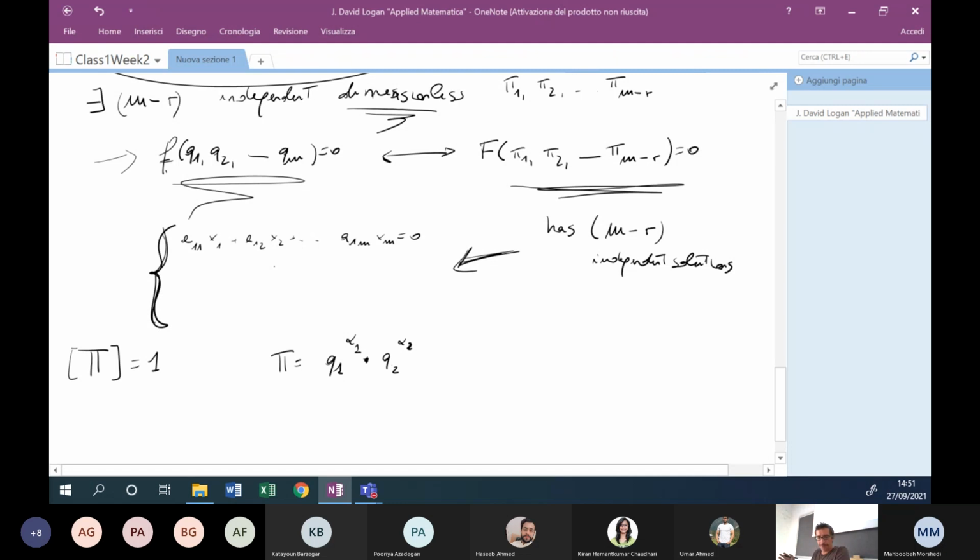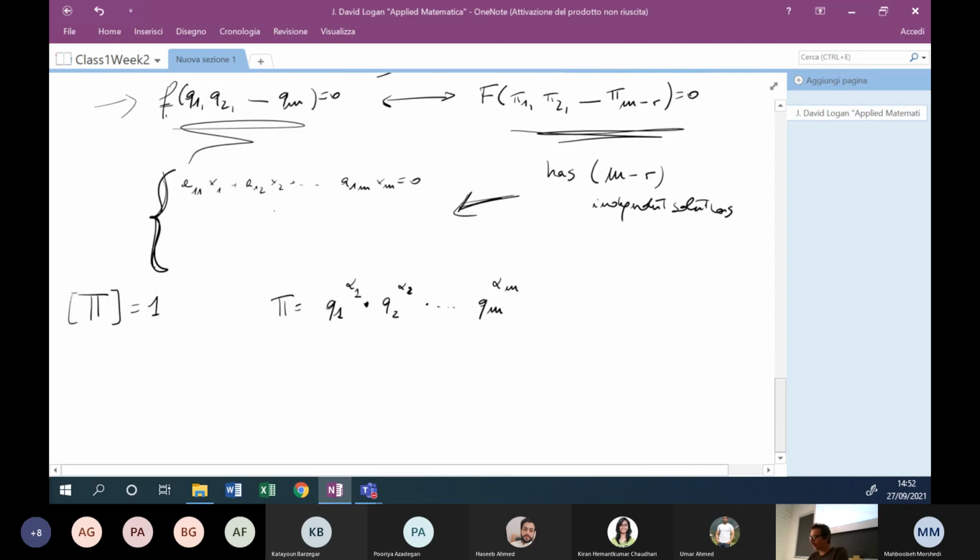Note that alpha 1, alpha 2 for the moment are unknown, times qm to the power alpha m. Okay, so basically this means that I can substitute q1, q2, qm, and so forth and so on.